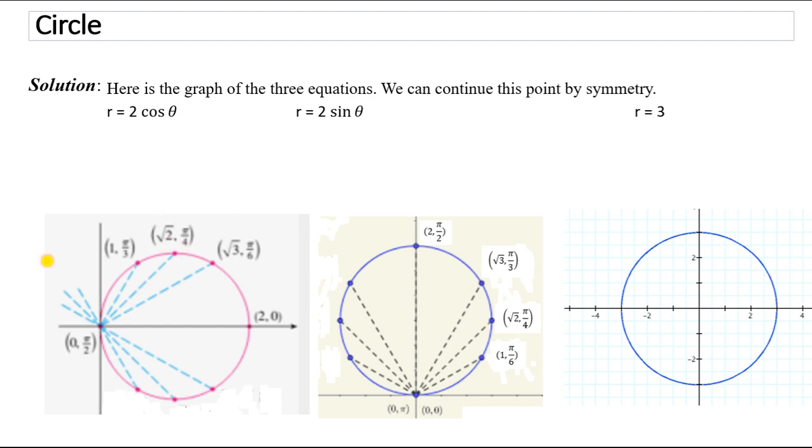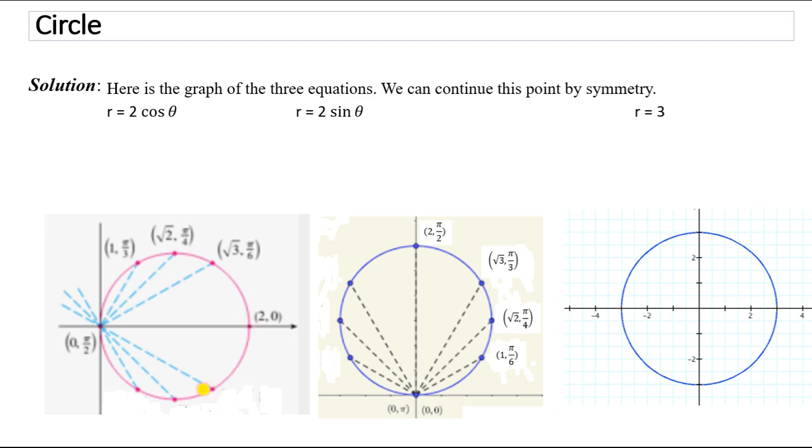r = 2 cos θ: if θ = 0, the distance is 2. If θ = π/6, the distance is 1.7. If θ = π/4, the distance is 1.4. If θ = π/3, the distance is 1. I connect between these points by the curve and finish.